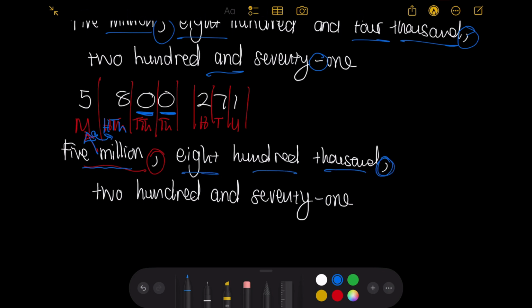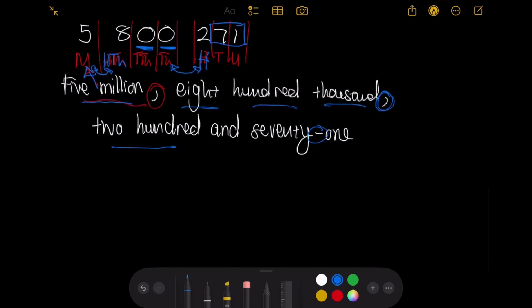I put a comma here because I'm transitioning from thousands to hundreds, and then I state the 200 because the 2 is part of the hundreds column, and then I write 71 hyphenated because 71 is between 21 and 99, right?